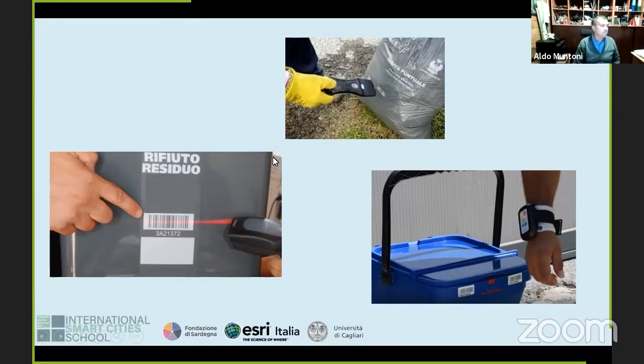Okay. So there are different systems under development in order to quickly read the code associated with the family in order to calculate the fee for waste management. Here you can see different examples of application.